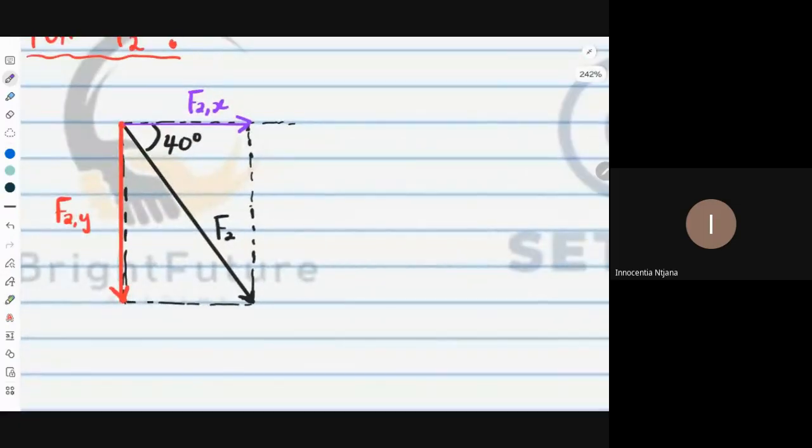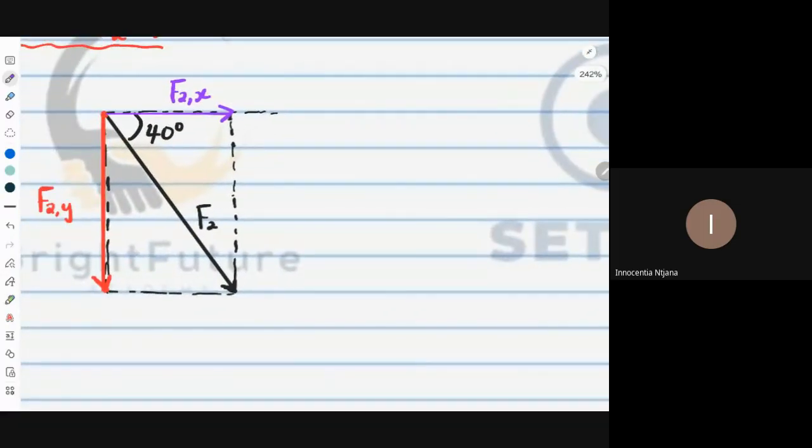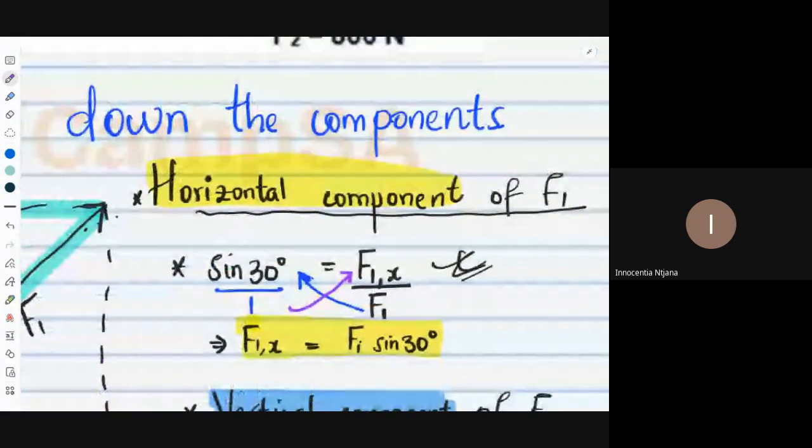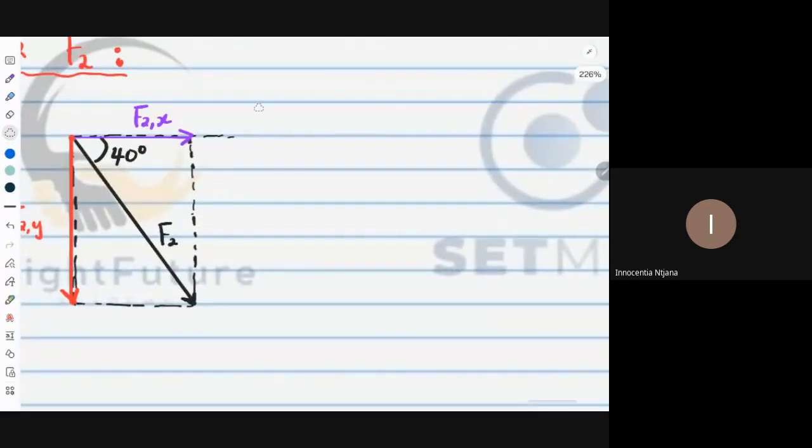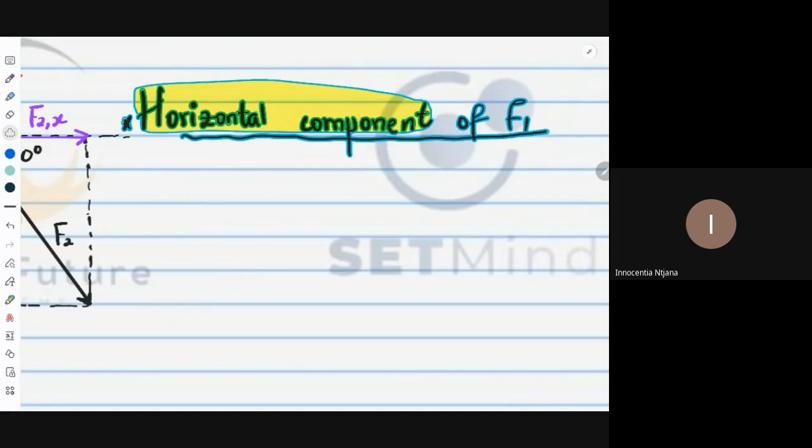I'll just write out the final answer. So I'm looking for the horizontal component of F2. Let's start with the horizontal component of F2, which is essentially the X component.